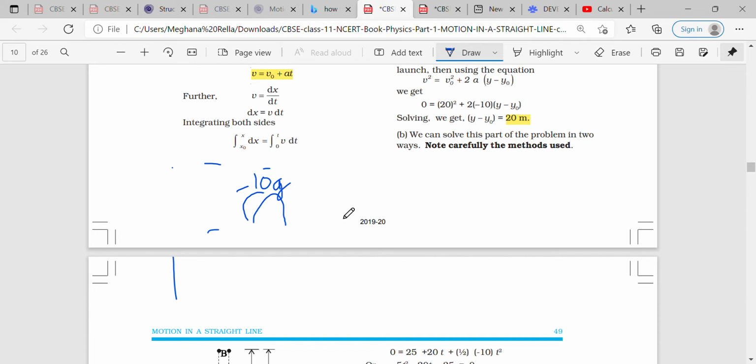Why? Because even while going upwards, at each second, its velocity is decreasing. You get me? So yeah, that's an idea.